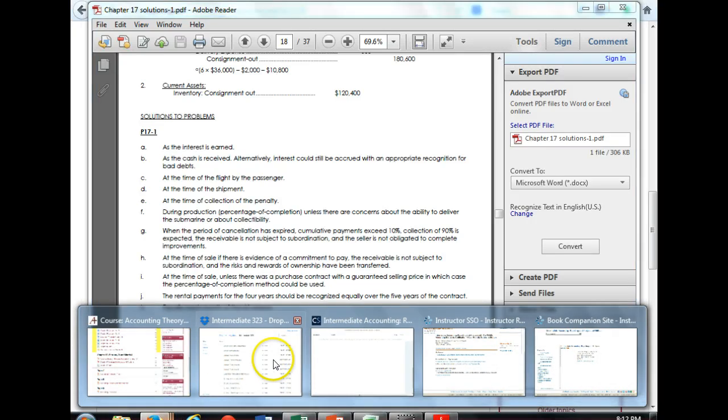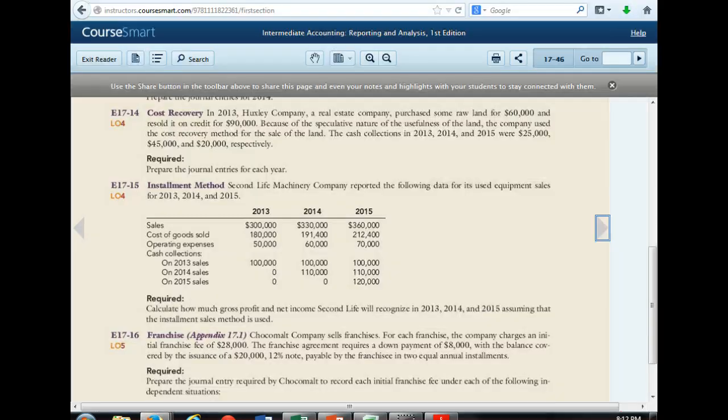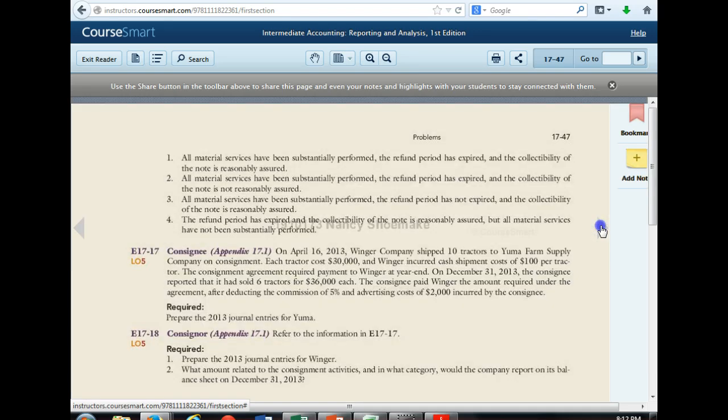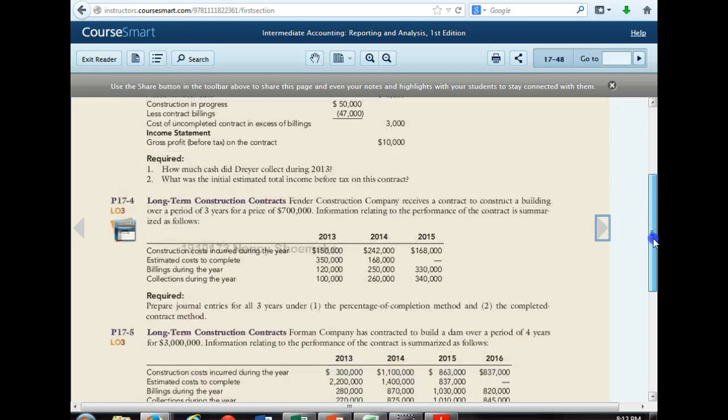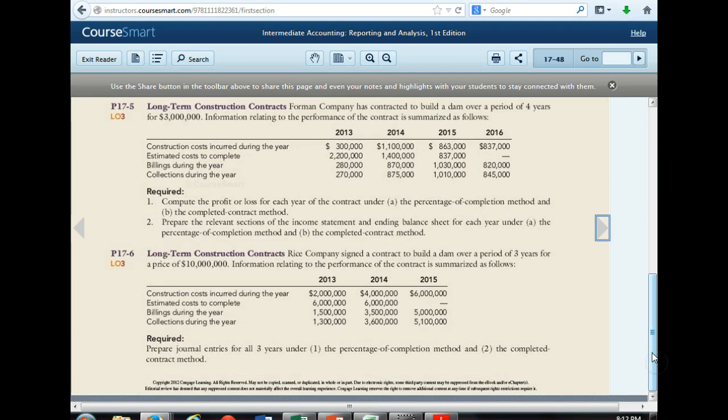Okay, let's look at 17.6. What page is that on? 17.48. There we are. 17.6. Long-term construction contracts. Rice Company signed a contract to build a dam over a period of 3 years for a price of $10 million.